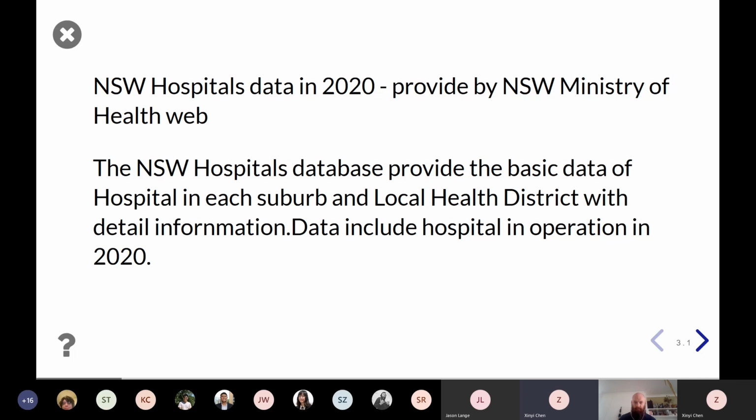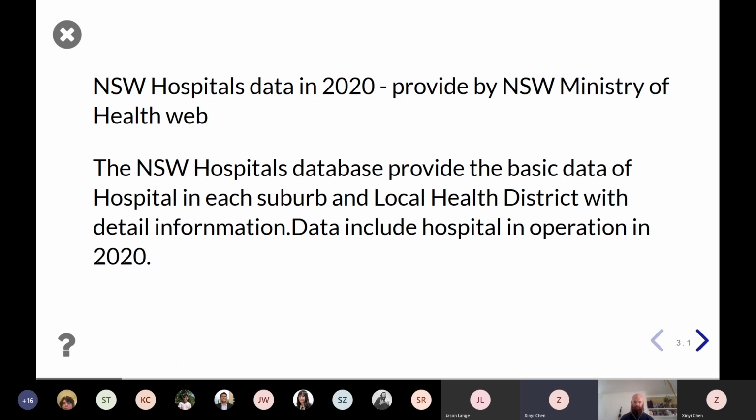Ministry of Health web. The New South Wales hospitals dataset provides the basic data of hospitals in each suburb and local health district with detailed information, and the data includes the hospitals in operation in 2020.